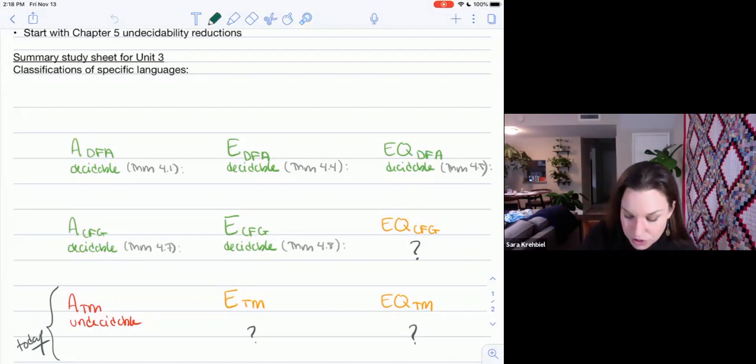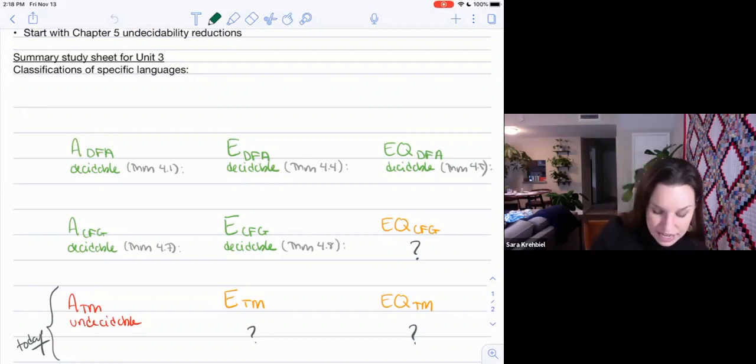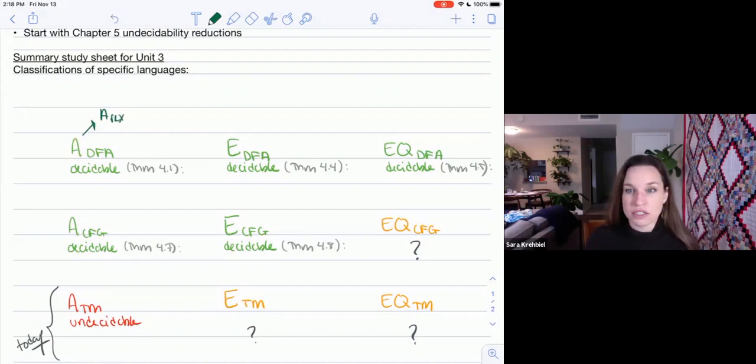Another thing that you can do is see that these results all easily extend to 3 other equivalent types of results, where I can say that the decidability of the A_DFA problem reduces to the regular expression problem, which the book calls A_REX, because I can take a DFA and convert it into a regular expression.